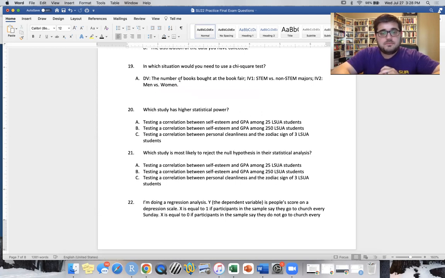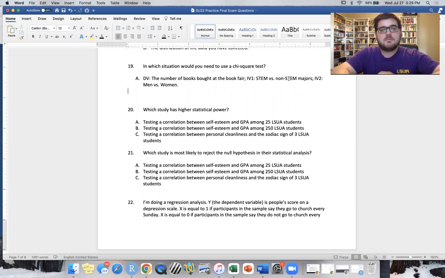So the number of books bought at a book fair. See, number of books. So one of the IVs is like you have STEM and non-STEM majors buying books, and then you have men versus women. So how many books were bought by male STEM majors? How many books were bought by male non-STEM majors?